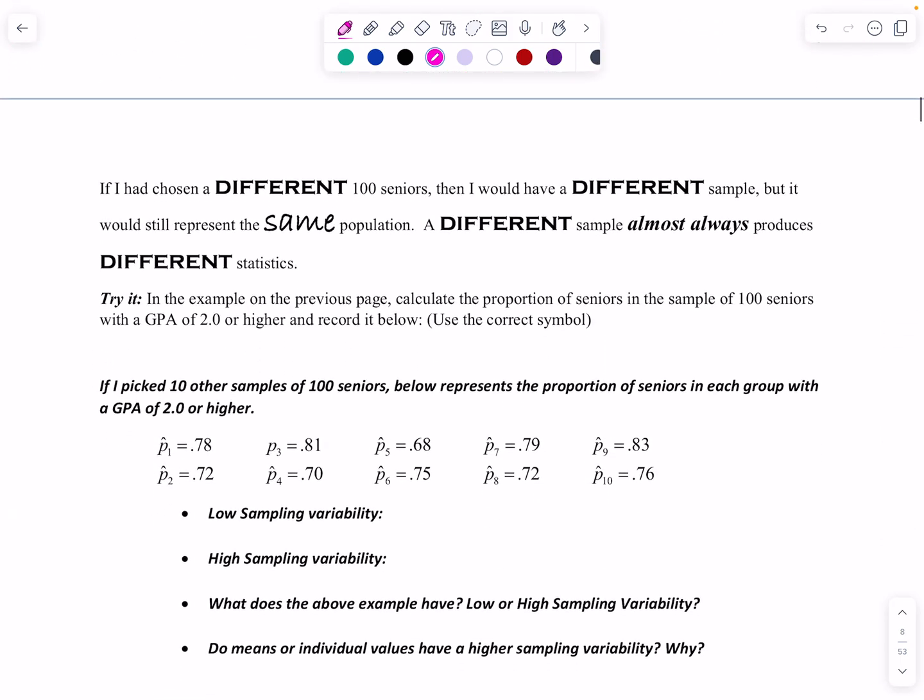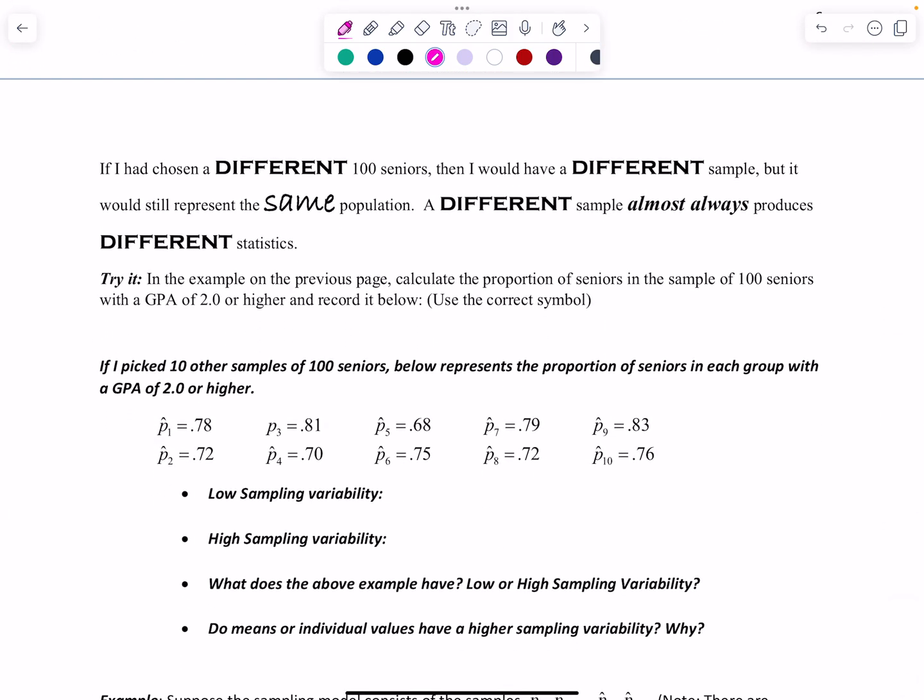Okay, if I had chosen a different sample, and 100 different seniors, so these were 100 seniors I found in Howard County. If I said, go to Howard County and find 100 seniors, as we've talked about, I would have different seniors, so you're going to get a different sample, and therefore different sample statistics.